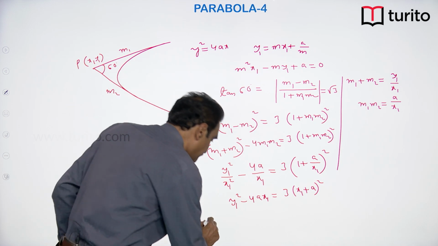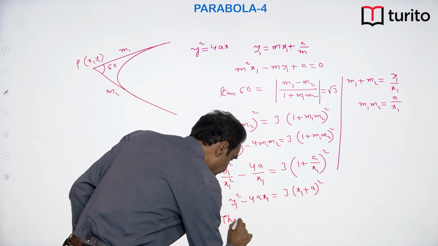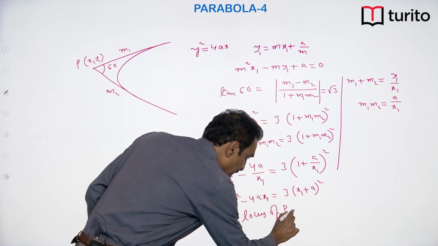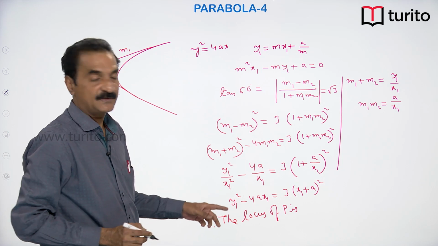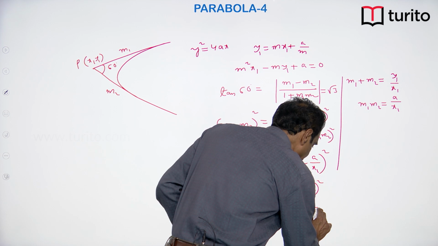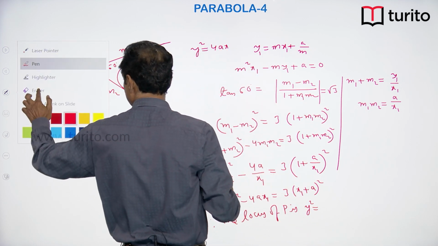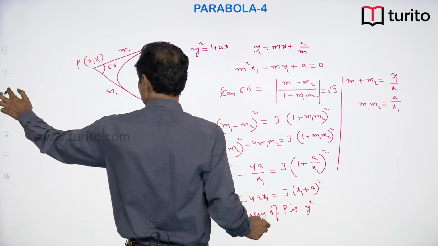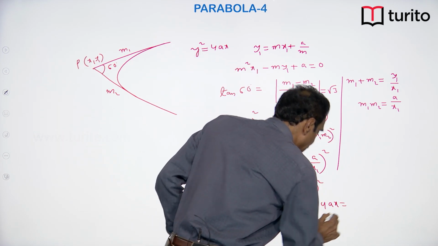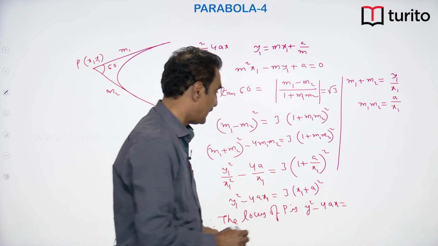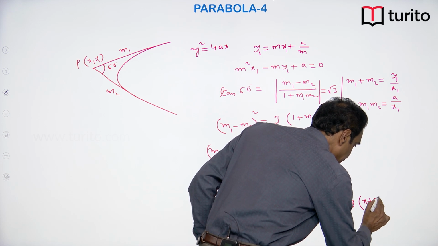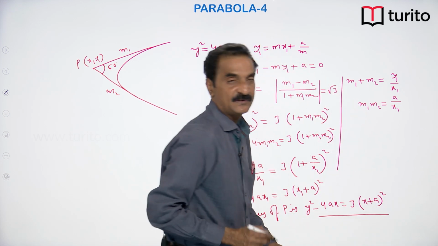Therefore, the locus of P is y square minus 4ax equals 3 into x plus a whole square. So, this is our answer.